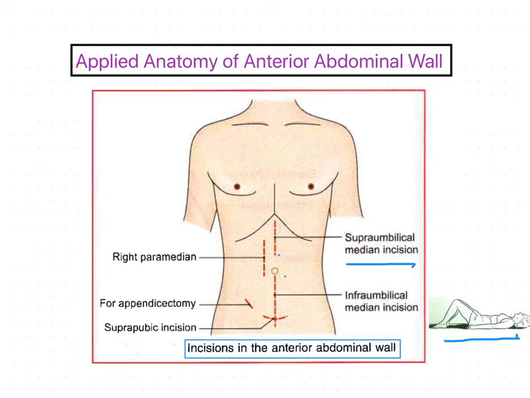This is given through the linea alba because it has several advantages, such as being bloodless. Blood loss is minimal here, and it is safe for the muscles and nerves. But it has one problem: post-operative weakness is present at this area, through which a ventral hernia can take place.